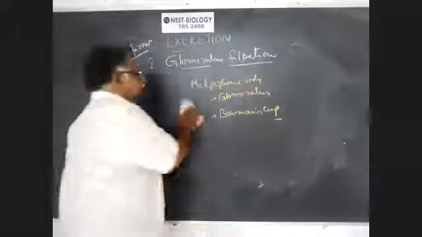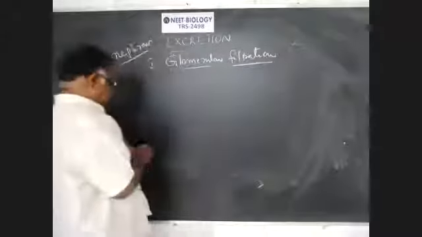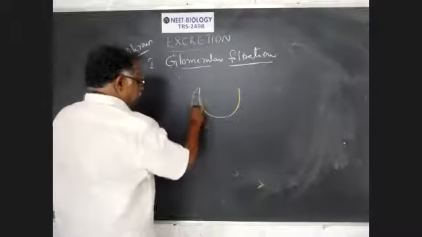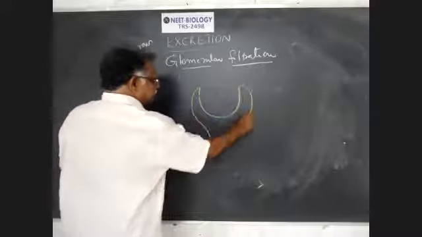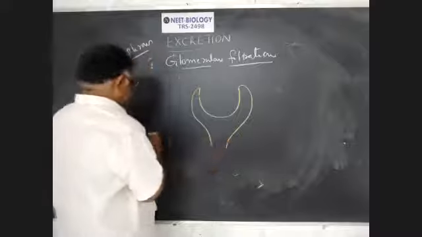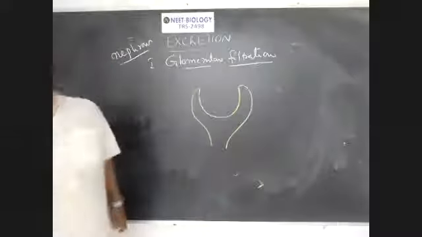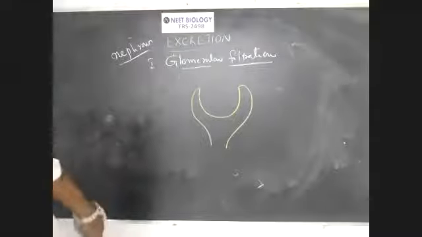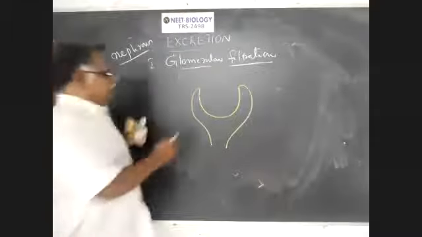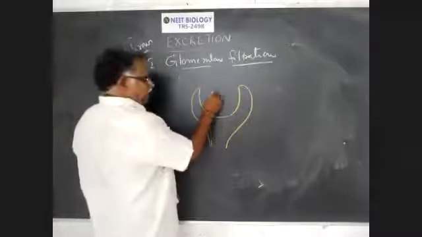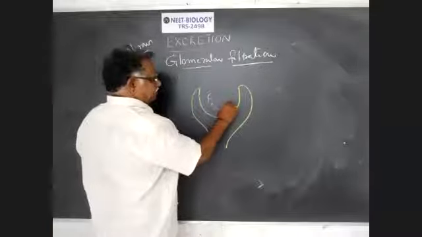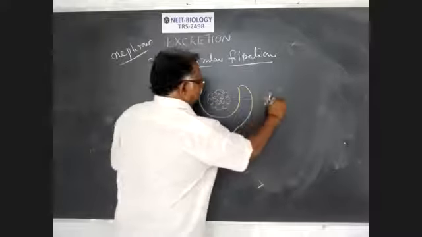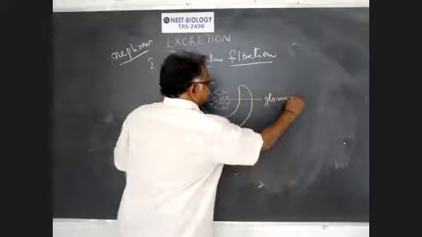Here, a double-walled Bowman's cup. In the cup, you find a capillary knot, what is called glomerulus.